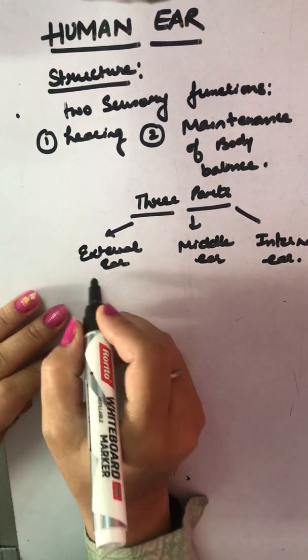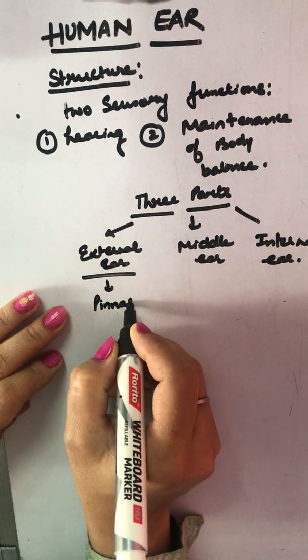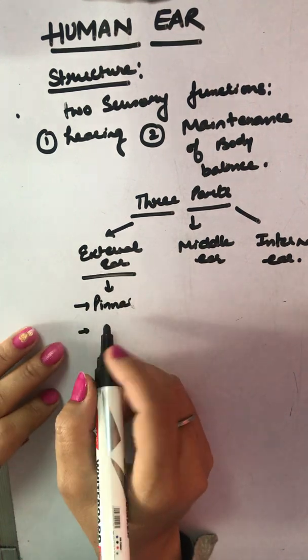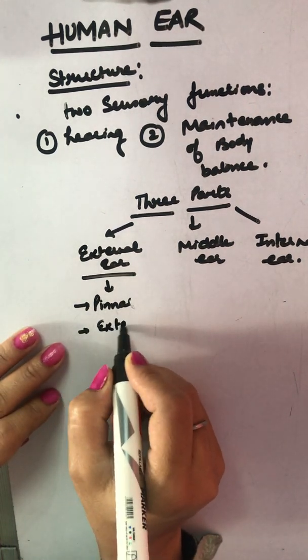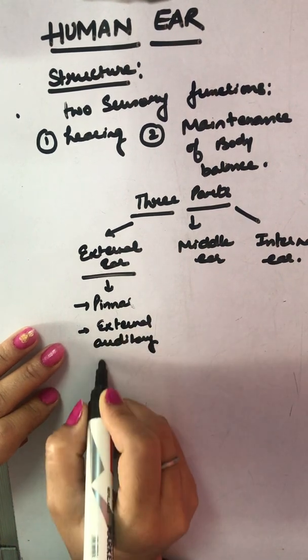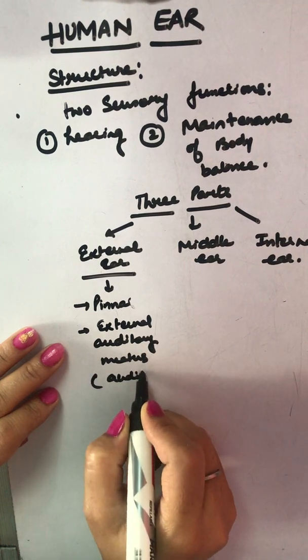Now, the external ear includes only the pinna, the outer cartilaginous flap, as well as the external auditory meatus, which we also call the auditory canal.